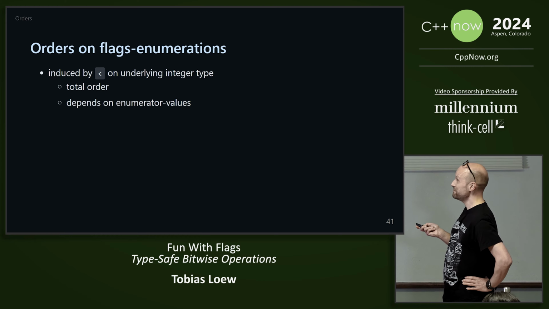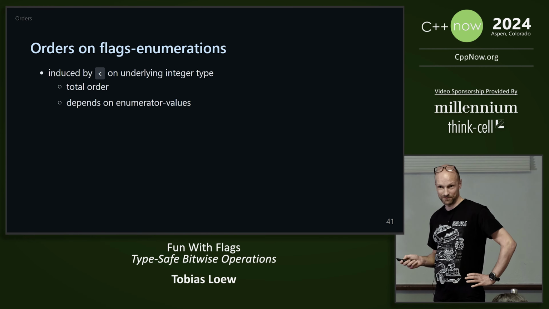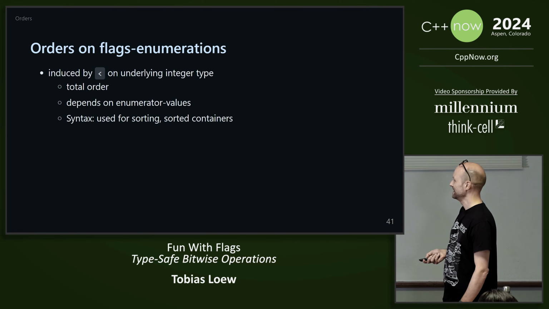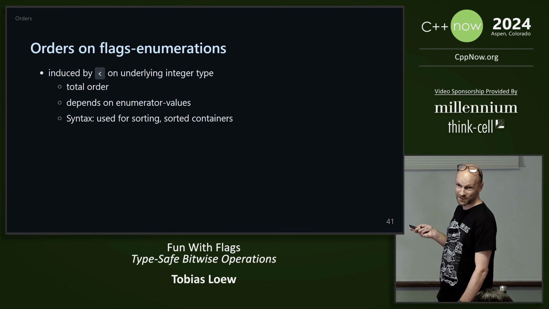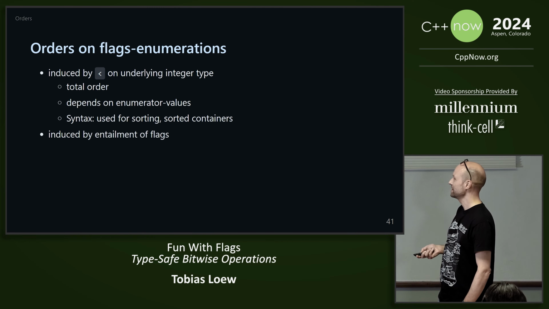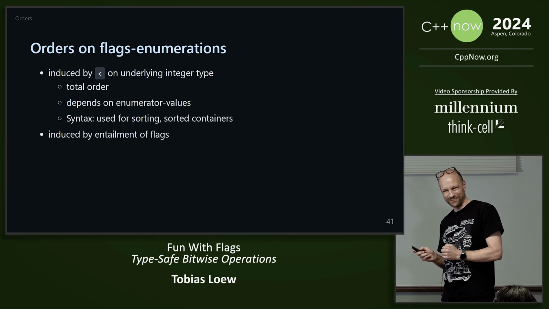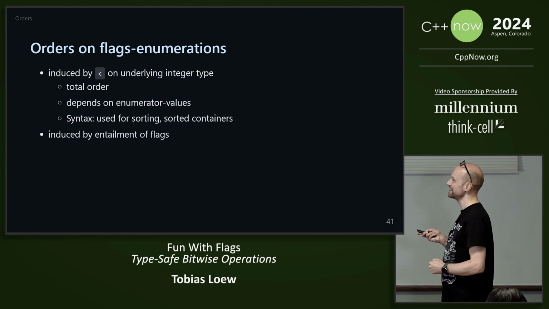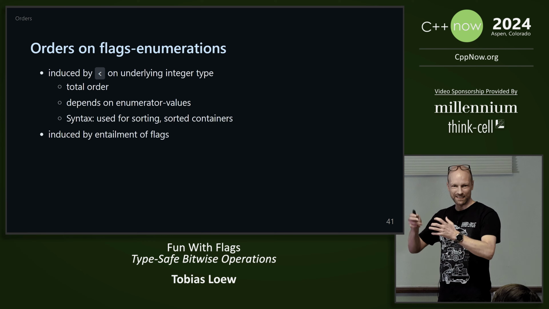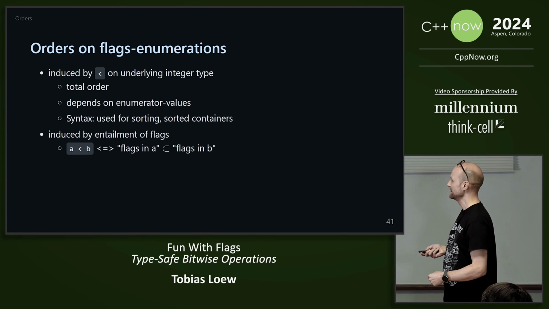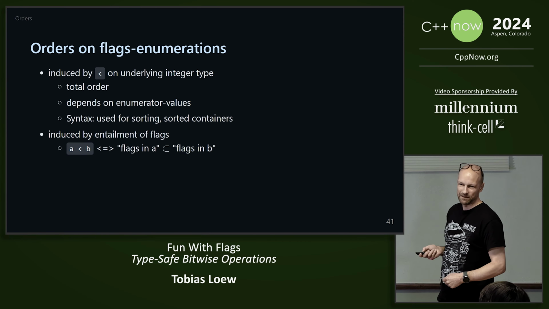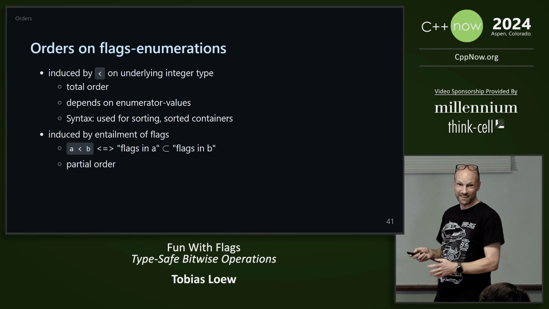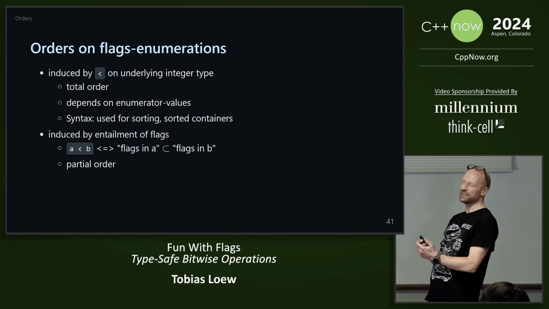But it depends on the enumerator values, which are there, of course. And that's for syntax. That's used for sorting, for sorted containers. On the other hand, we have another order which is induced by entailment of flags in a flag set. This simply means A is below B if the flags in A are a subset of the flags in B. So this is an inherently partial order.